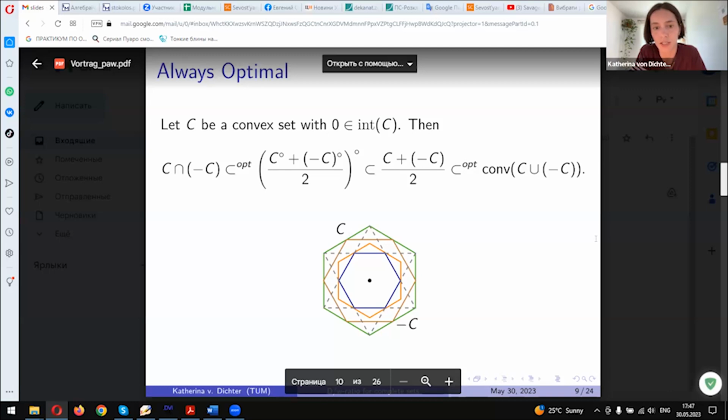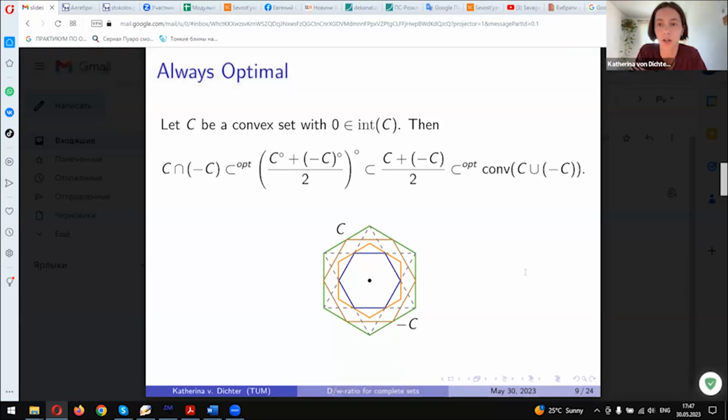You see that the touching points don't allow any smaller scaling. And also for the arithmetic mean and the convex hull, the right-hand side inclusion corresponds on the picture to the sets that are brown and green. You see that they are also optimally contained. And this holds for any convex set.